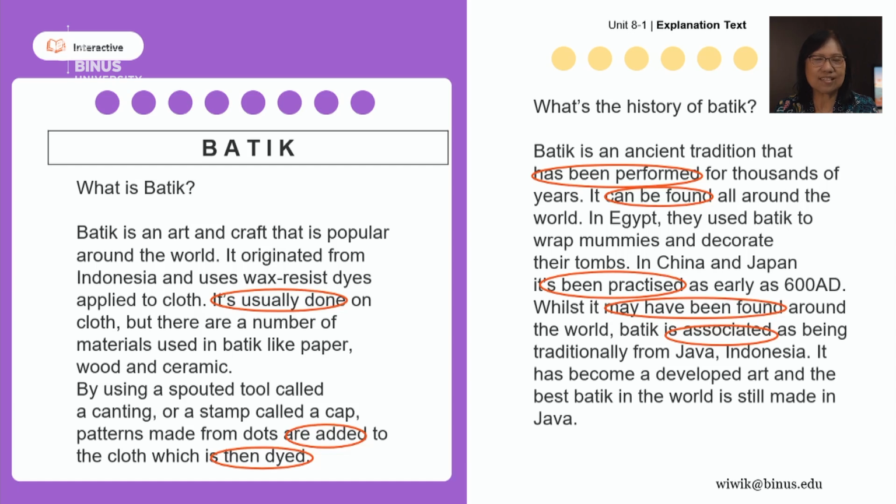Is associated, and is still made. So please look at the pattern of passive, and I would like you to think and analyze what is actually the structure of passive.